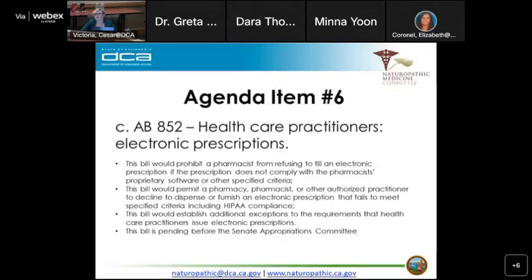There's nothing in this bill that directly impacts compounding pharmacies or directly calls out compounding pharmacies in particular, but it does generally prohibit pharmacies from refusing to fill electronic prescriptions, no matter the software that they receive them from. Okay, thank you.